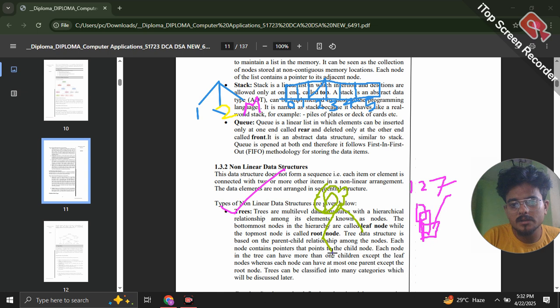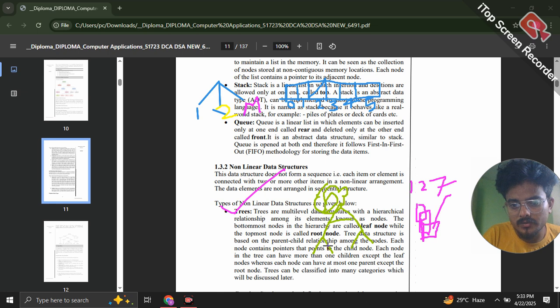This is your root node. This is your leaf node. This is root.